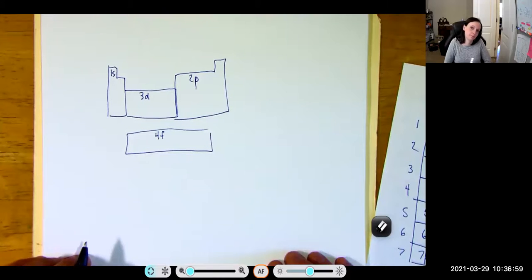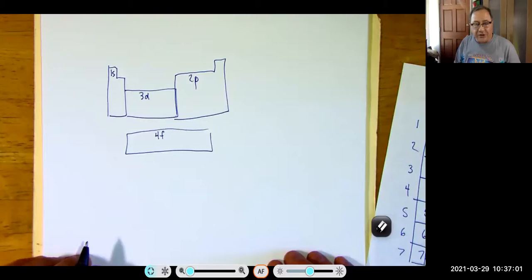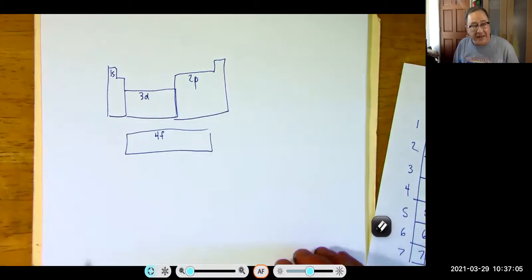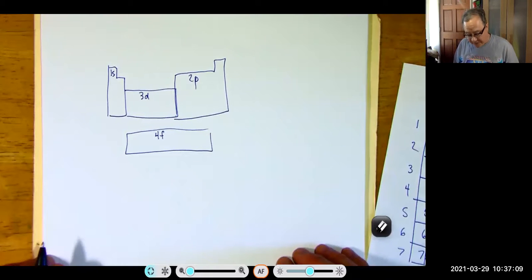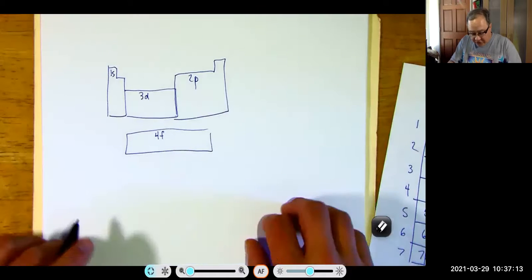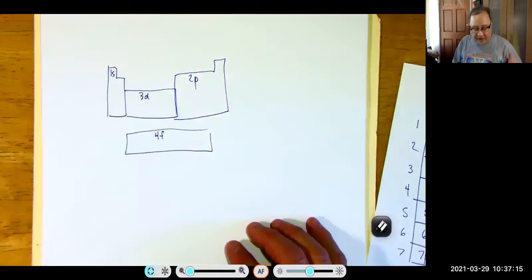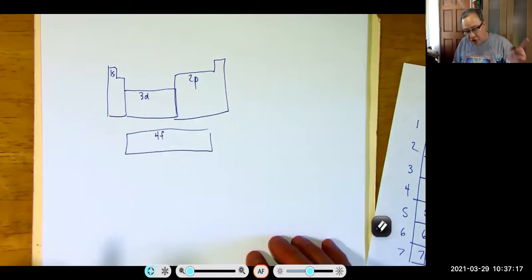Right. Okay. Which of course does nothing but confuse us when we start thinking about quantum numbers and knowing that S is 0, P is 1, D is 2, and F is 3. But that's different. So just remember, each block starts with 1S, then 2P, then 3D, then 4F.